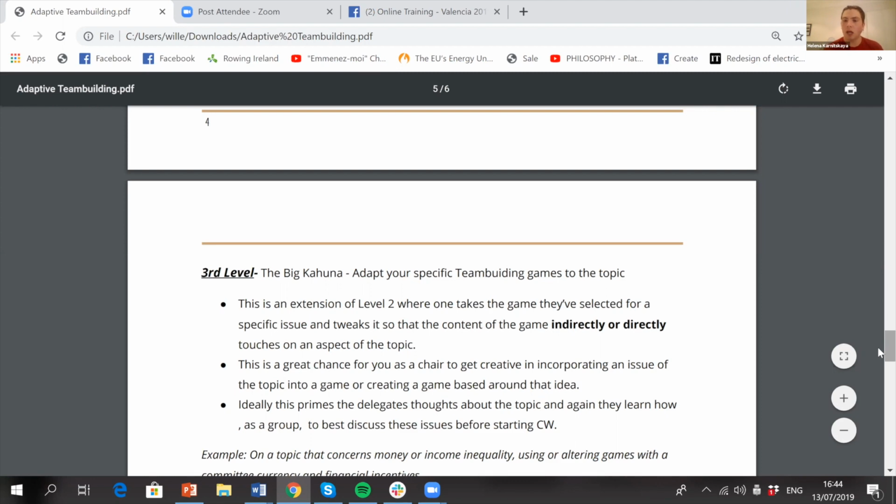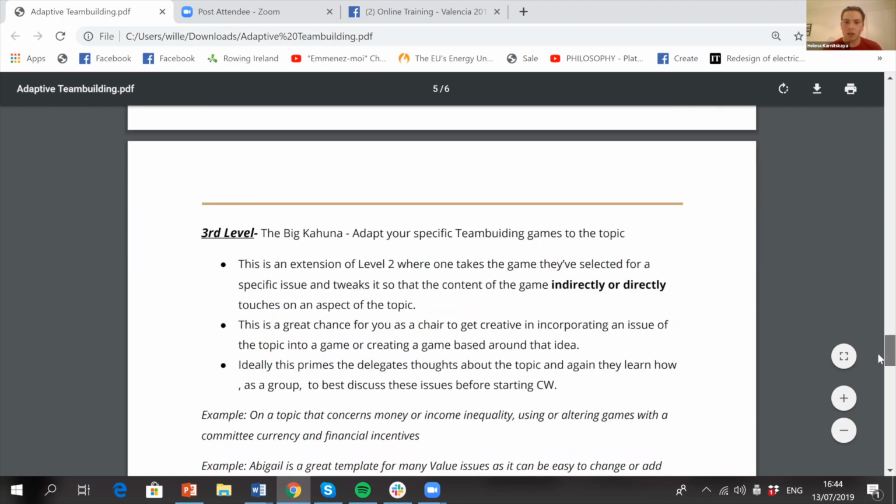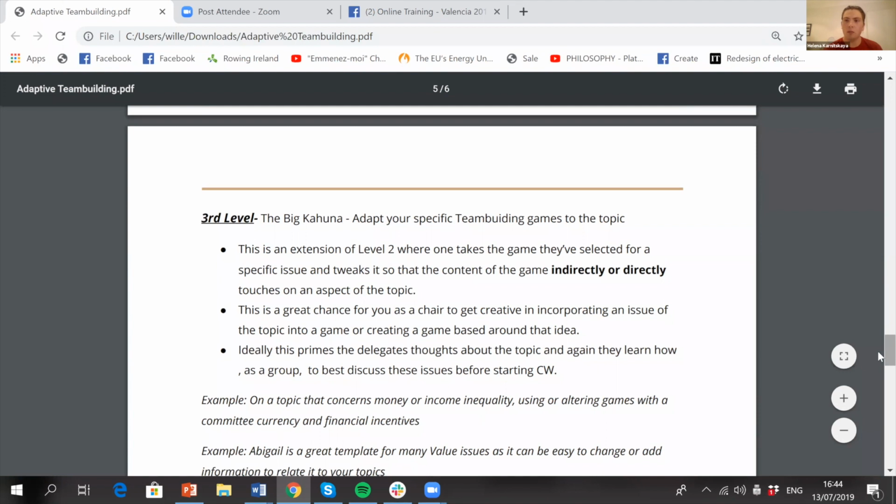When I've shared in the past, I had a topic on the gig economy, which obviously is around money and wages and how much people are getting paid, and whether, given the working conditions they have to experience, how much they're being paid is fair.